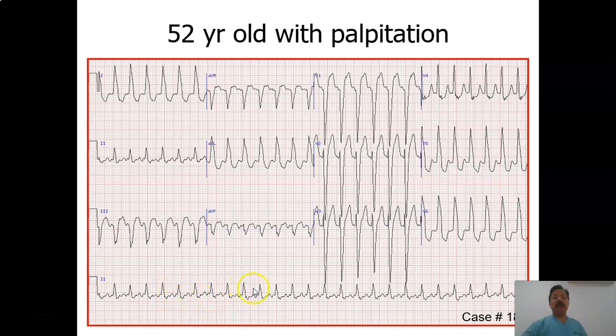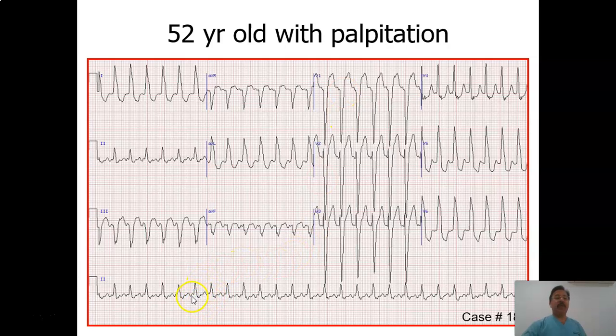a wide complex. So it's a wide complex tachycardia. So this doesn't look like P waves, but these are notches. So this may be the 2 flutter waves. Look at lead 2, even in AVF. So this may be atrial flutter.